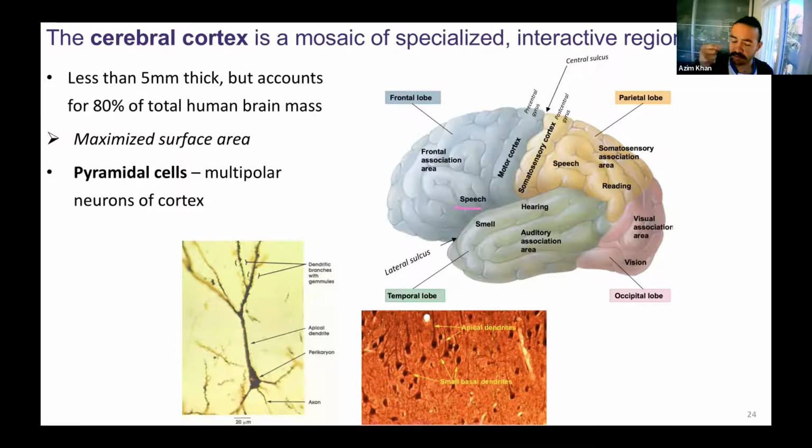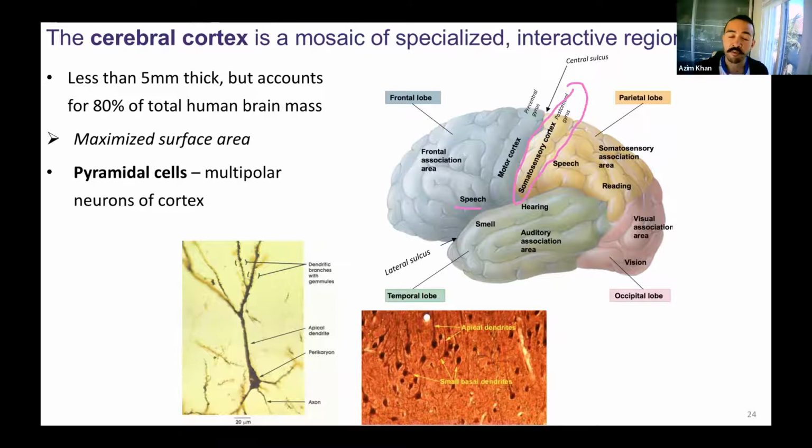Posterior and a little bit caudal to the central sulcus is another gyrus. This is the post-central gyrus. The post-central gyrus is important for processing sensory information for touch, temperature, pain, itch, muscle stretch, Golgi tendon organ, tendon stretch.